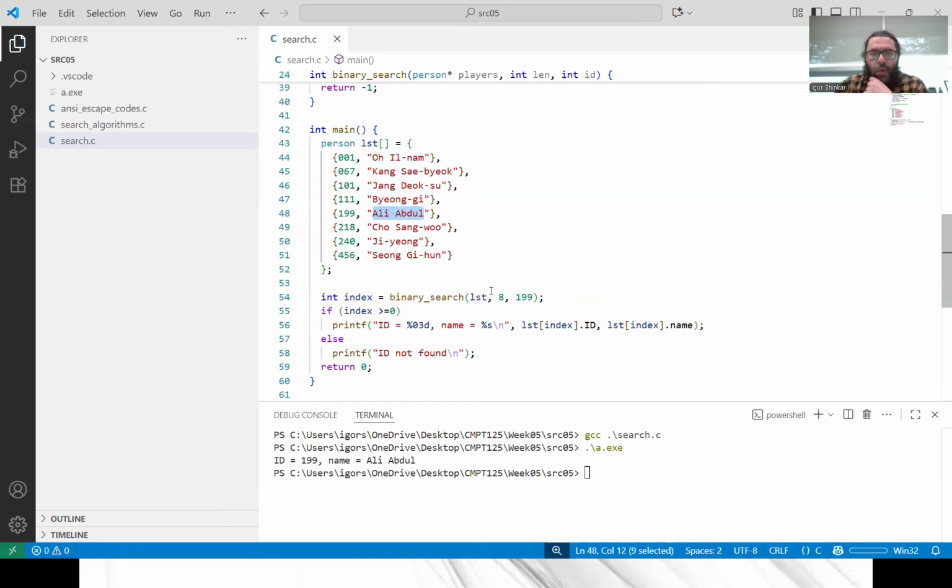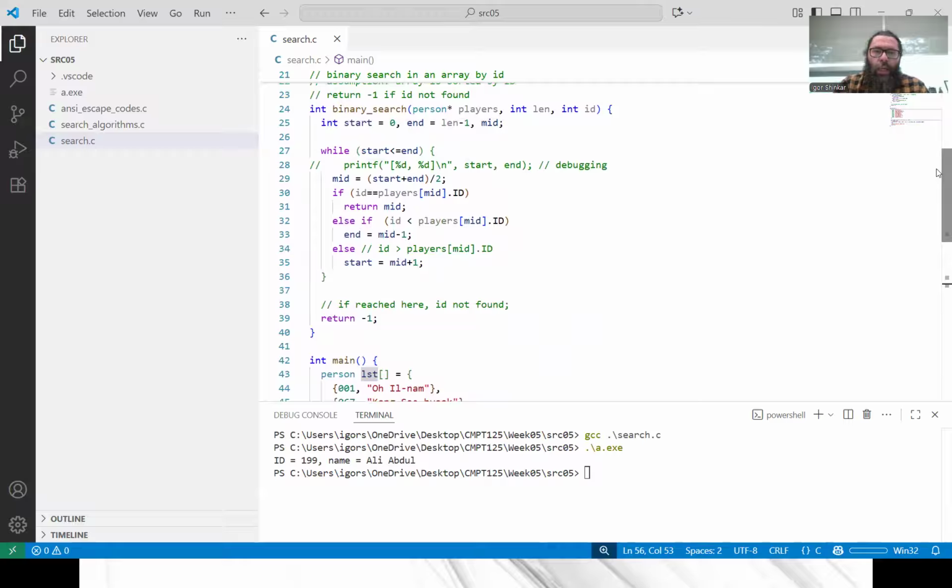The index returns the actual index, and then we print not only the index but also the name. So we take the list in position index dot name. And if we would like to do some debugging, let's see how this part works. I'm going to print in each step what the start and the end point are.